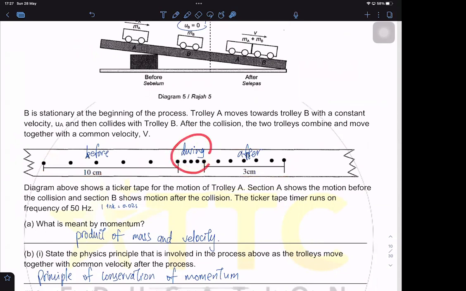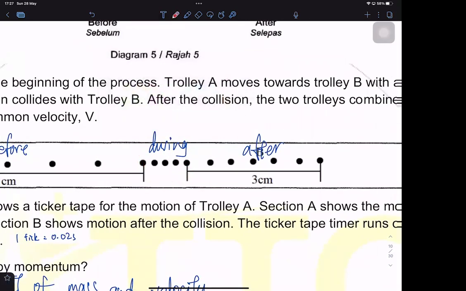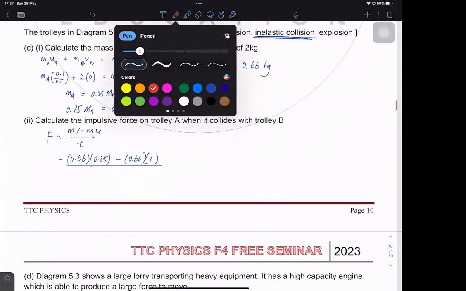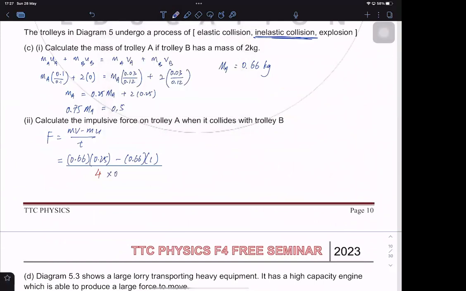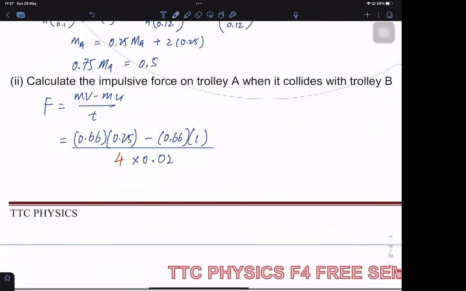So I need the during. 1, 2, 3, 4. The time for hitting the thing is 4 times 0.02.